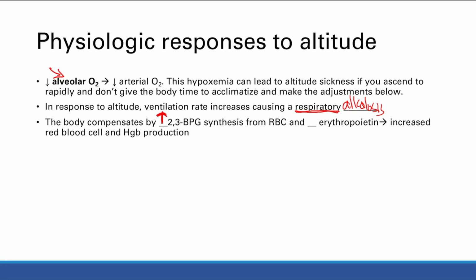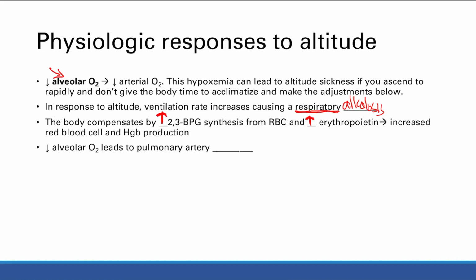These tissues aren't getting enough oxygen at altitude, so you need more oxygen release from the hemoglobin. And what's going to happen to erythropoietin synthesis? Remember that erythropoietin helps increase red blood cell production and hemoglobin production, so you're going to increase that because you want more hemoglobin to carry more oxygen.